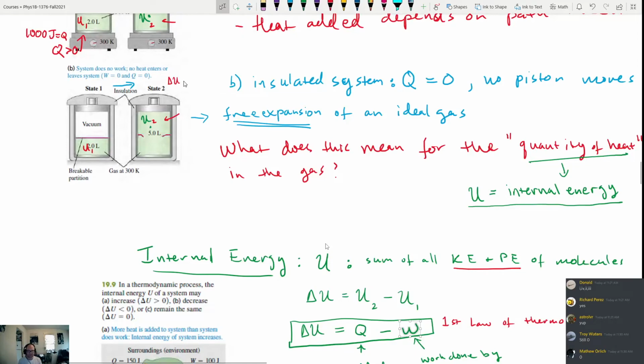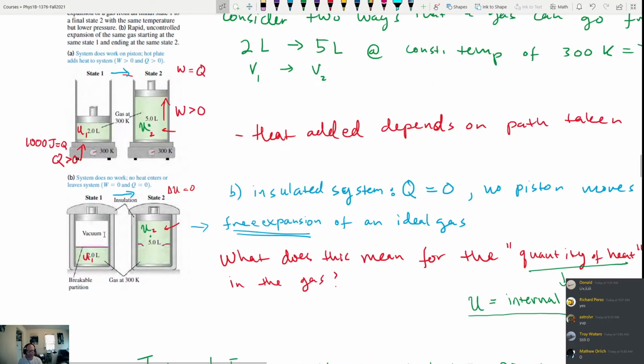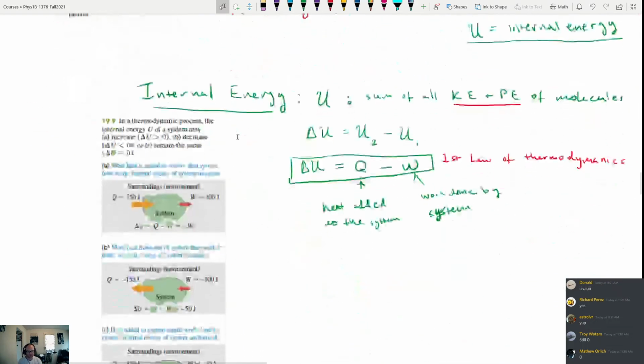So it's conceivable that if in the first case W is equal to Q, then delta U would also be equal to 0 here. So it's possible that U1 and U2 are the same in both of these cases. Just something to think about.